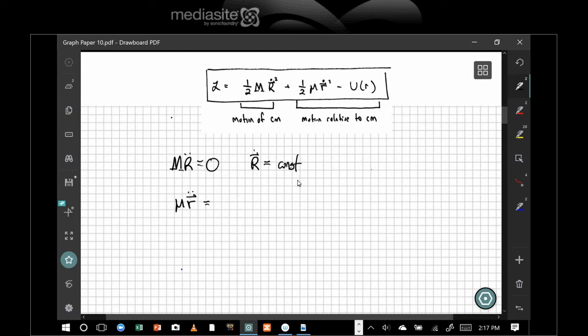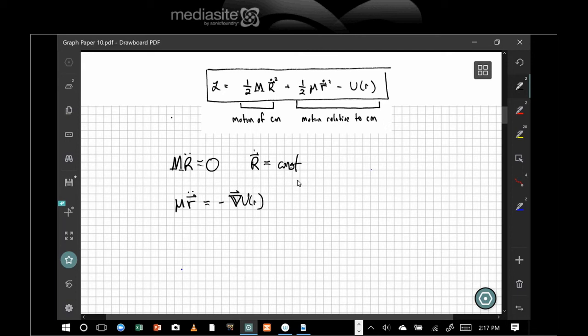And then, however, for little r, using the Lagrange equation, I can show that the equation of motion is going to be mu times r double dot is equal to the derivative.